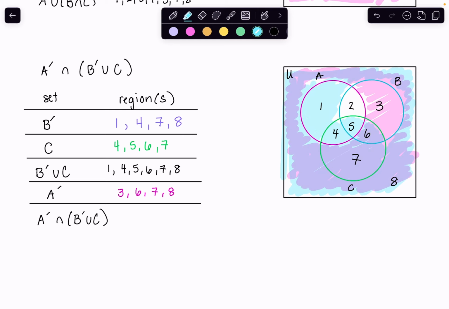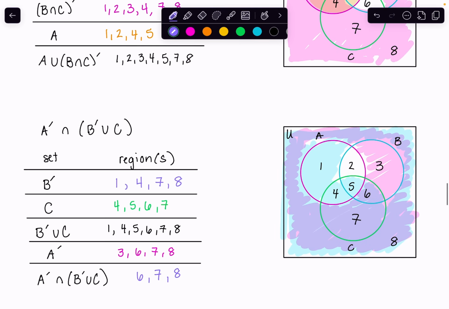So you're looking where the shading mixes. And really, 6 is the only spot that's shaded, 7 and 8. Looking at our list, 6, 7, and 8 are the only things in common. So after I go through this operation, I end up with region 6, 7, and 8.